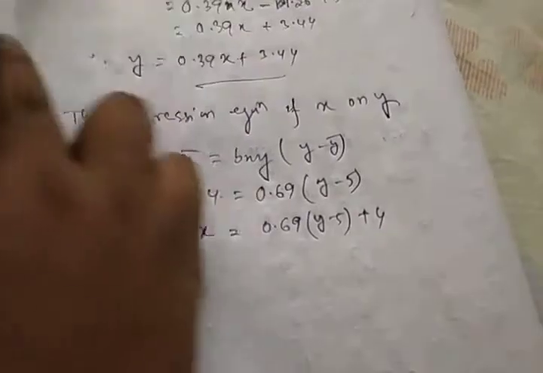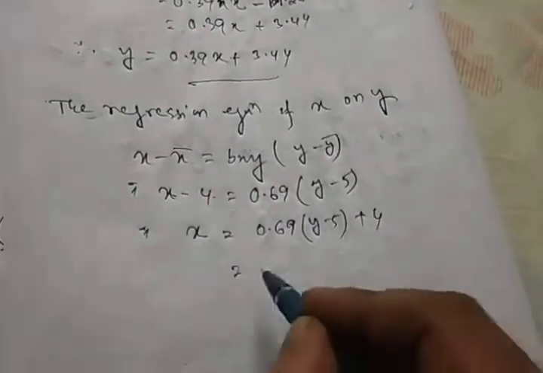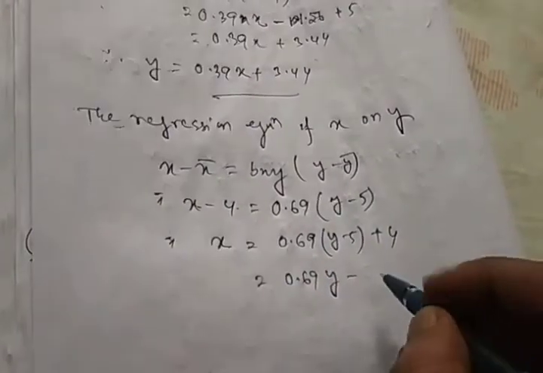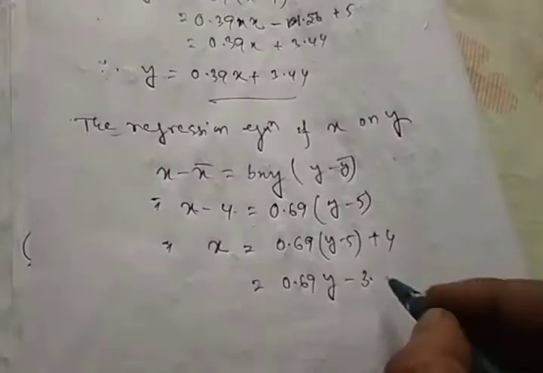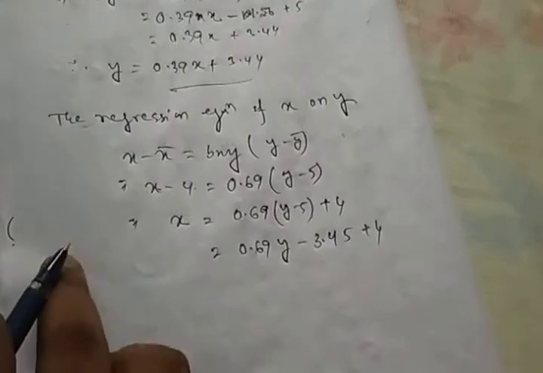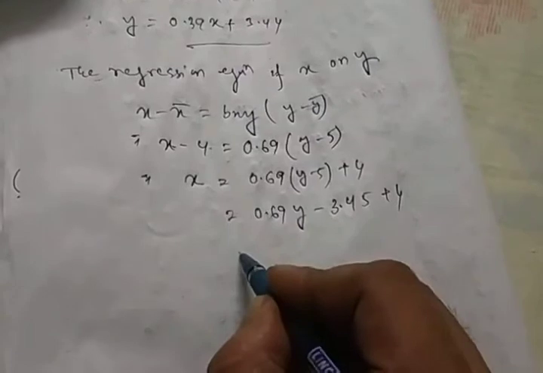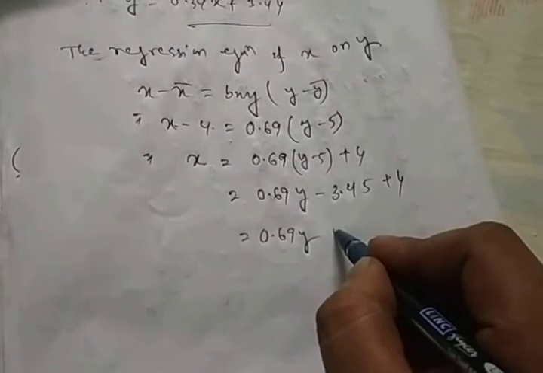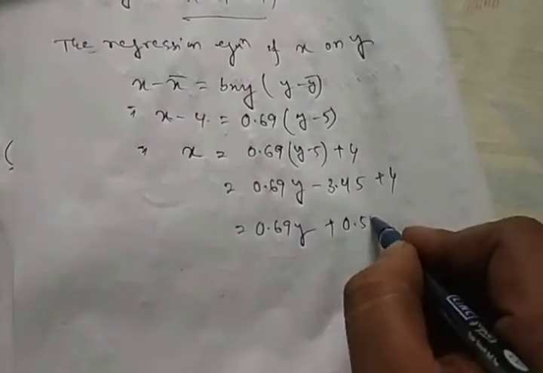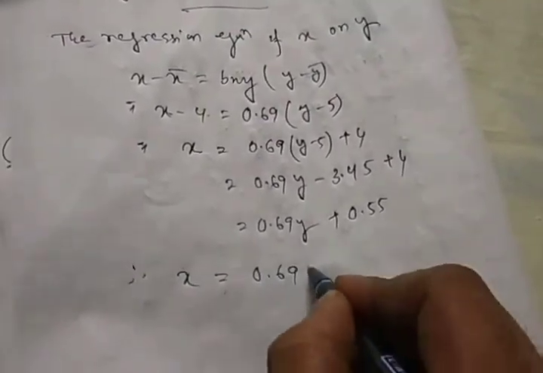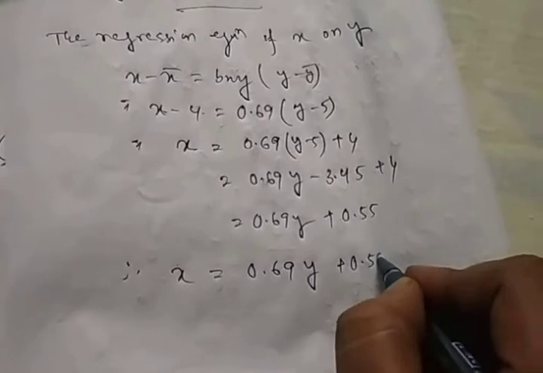So 0.69 into y, minus 5 into 0.69 is minus 3.45, plus 4. That gives 0.69 into y, and 4 minus 3.45 is plus 0.55. So the required equation of x on y is x equals 0.69y plus 0.55.